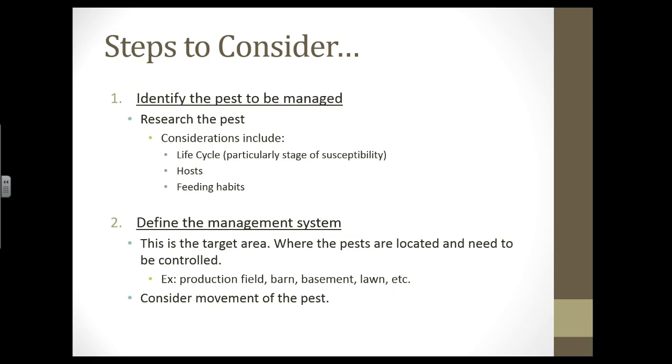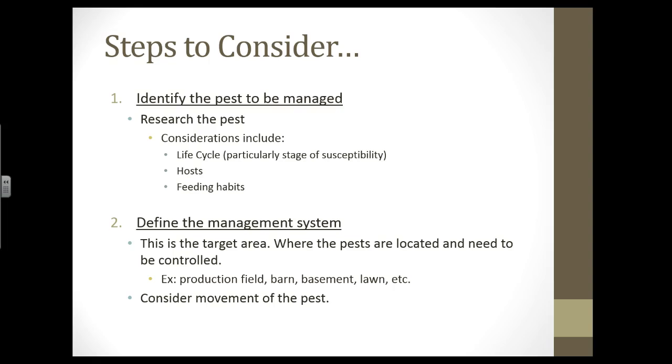Right? All right, so the second step, after we identify the pest, is defining the management system. Not really the most intuitive name considering what we're talking about, but the management system is the location of the pest.